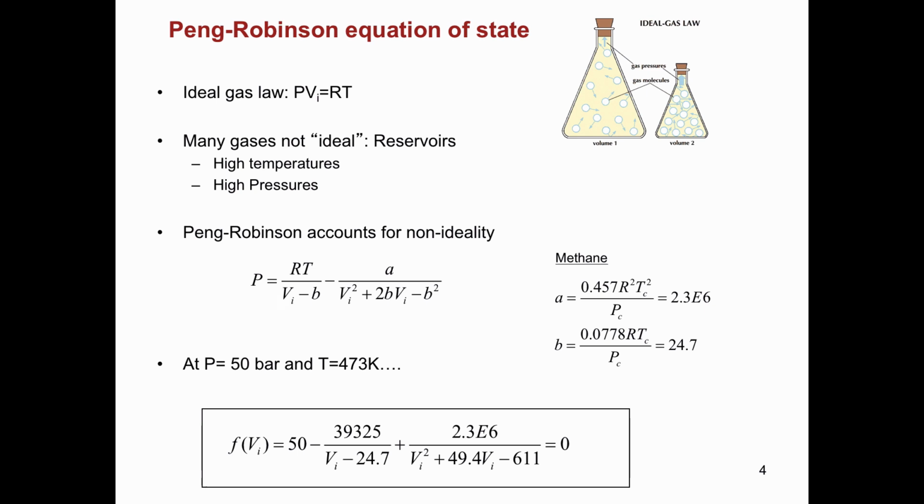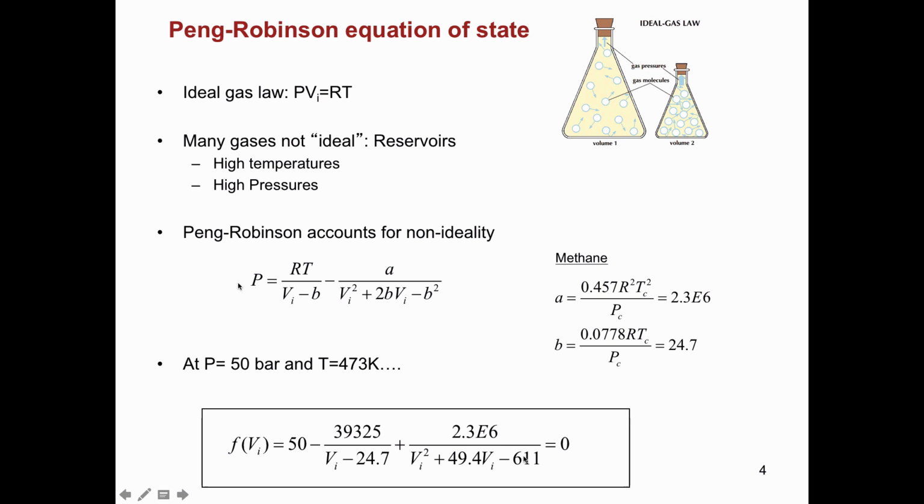So I'm going to algebraically rearrange this so that it becomes a function of volume equals 0. If I put in 50 for pressure, and everything else that I know, I basically put everything on the right-hand side onto the left and say it equals 0. That's essentially my function of volume equals 0.